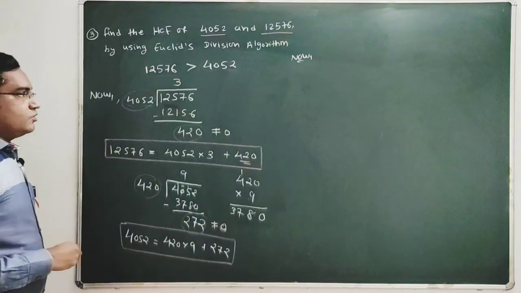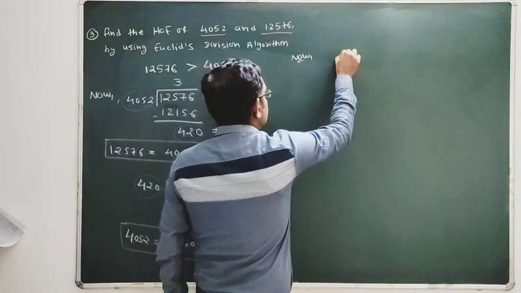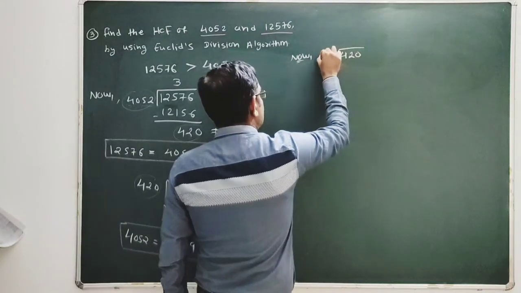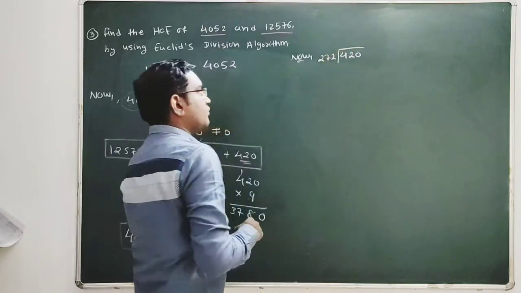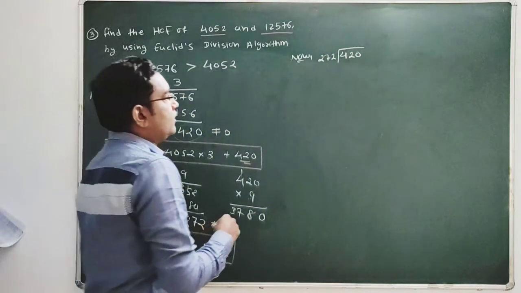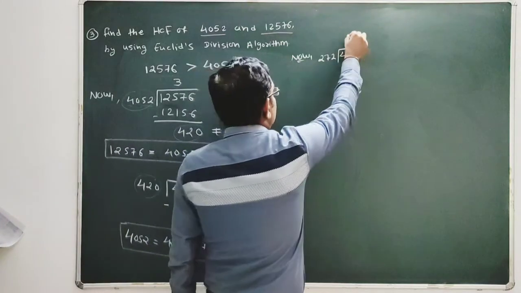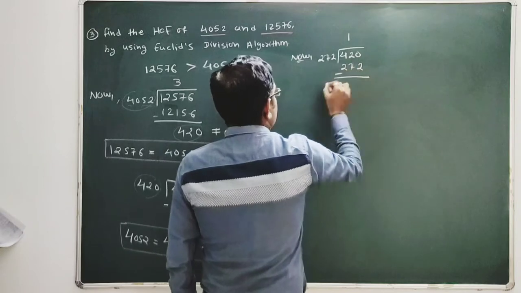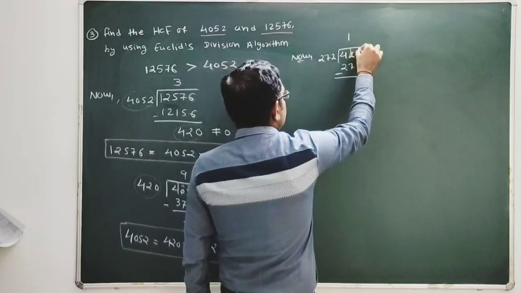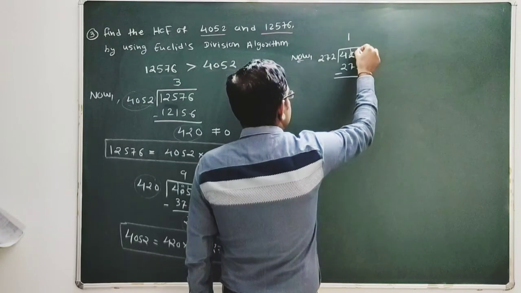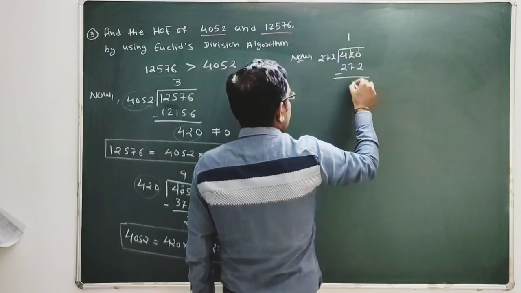420 is divided by 272. So what is the division? 272 ones are 272. Subtraction: this is 1, this is 10, so it's 8.